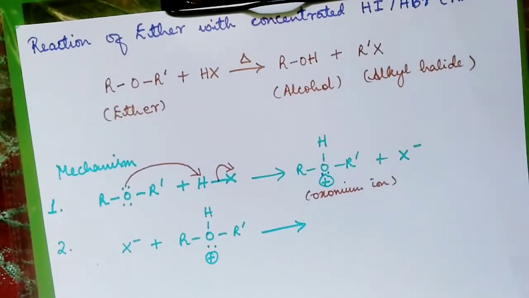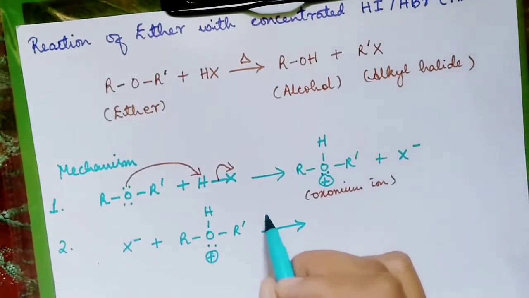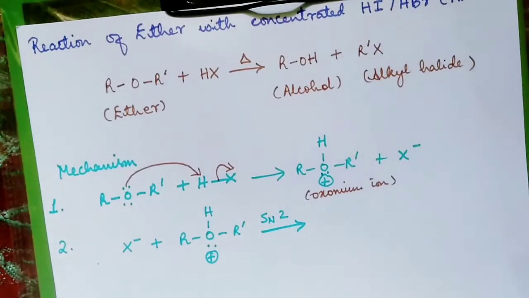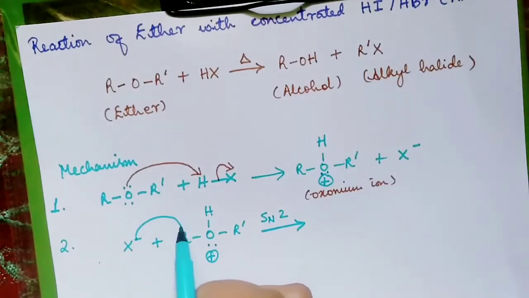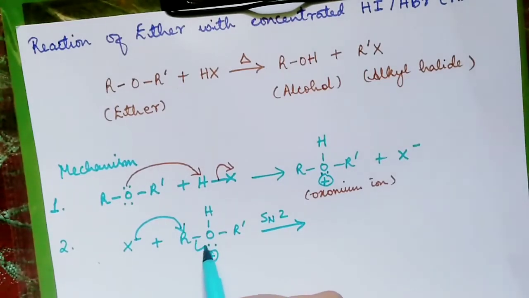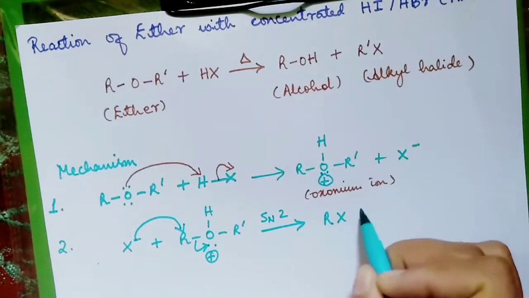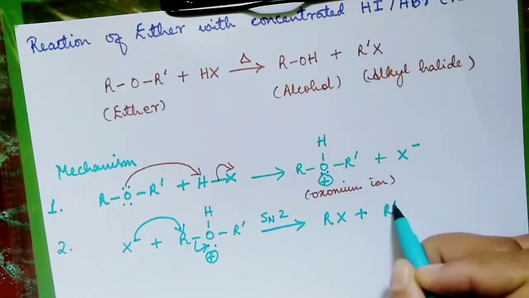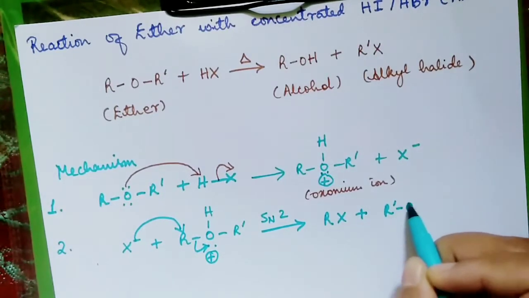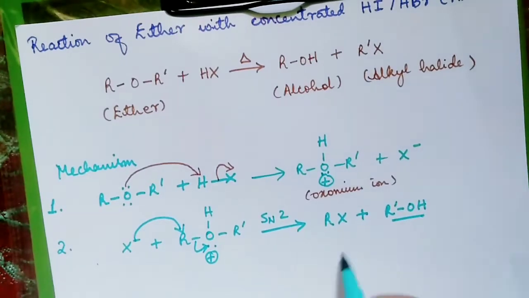Okay, if our alkyl halide is primary, then SN2 mechanism is followed. So we have R, X with an alcohol. This is alcohol, this is our alkyl halide.